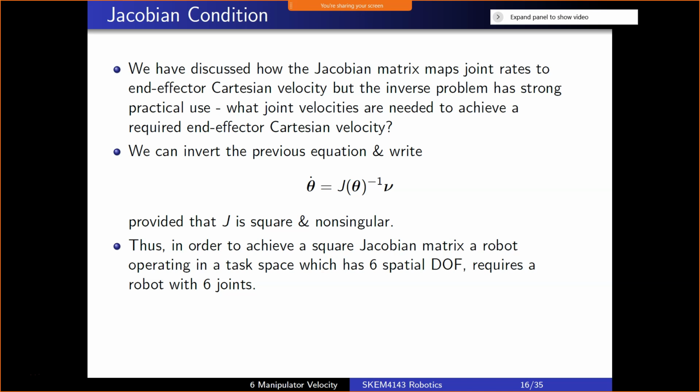Thus, in order to achieve a square Jacobian matrix, a robot operating in a task space which has 6 spatial degrees of freedom requires a robot with 6 joints. So this statement means if you require the end effector of your robot to have Vx, Vy, Vz, omega x, omega y, omega z, then you need a 6 degree of freedom robot with 6 joints.